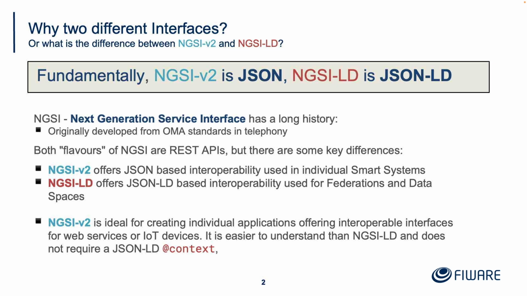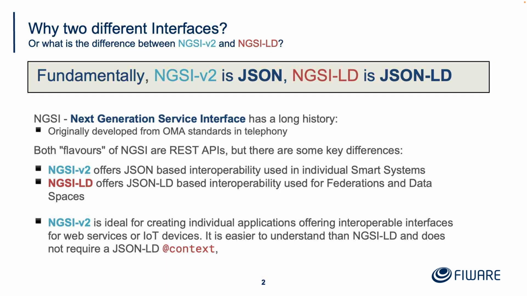Both NGSI-v2 and NGSI-LD are REST APIs. But the LD bit of NGSI-LD is because NGSI-LD is JSON-LD. Now, JSON-LD is an extension of JSON, and the idea behind that is that you can modify your payload slightly so that you can gain additional interoperability in data spaces.